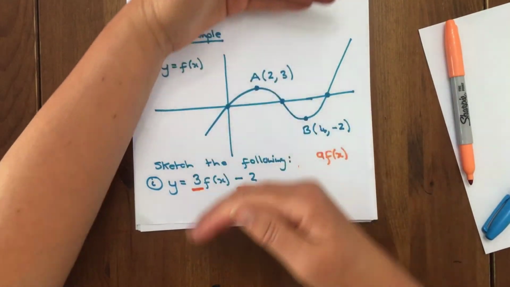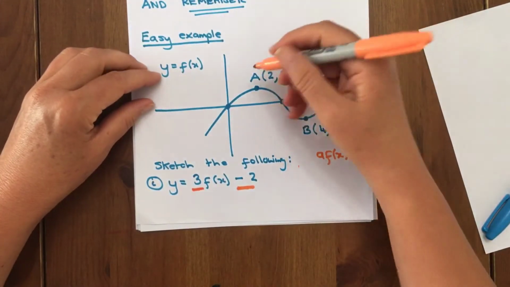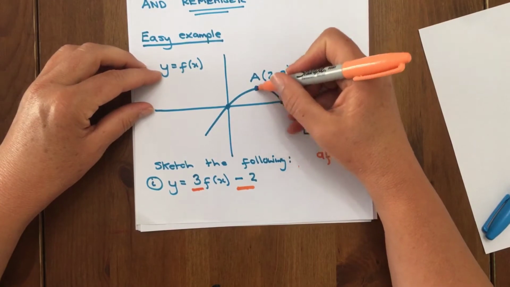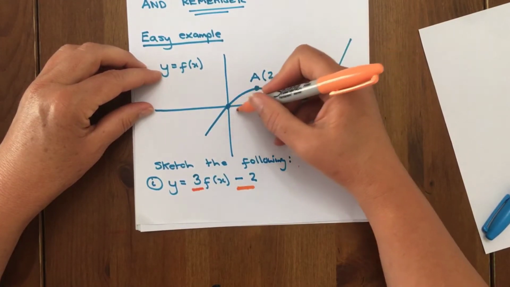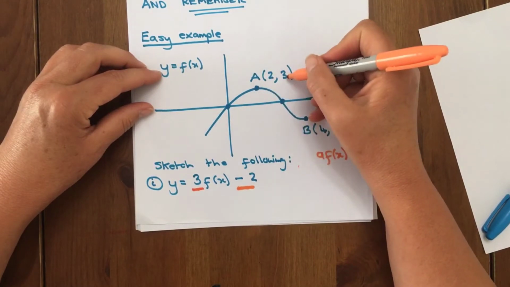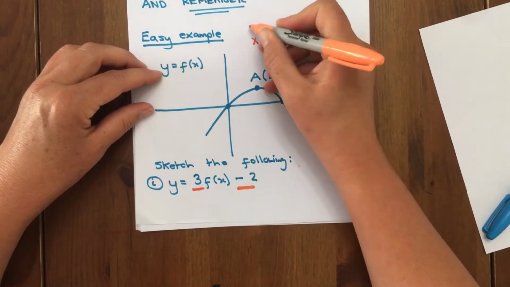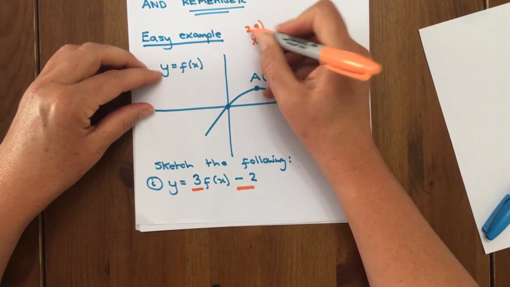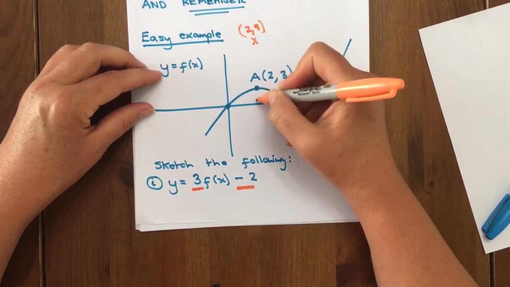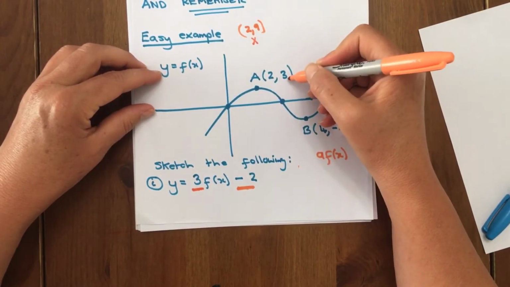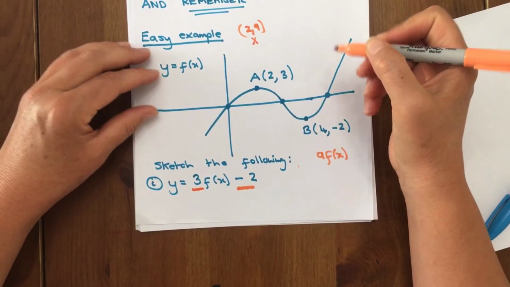Are you pulling it this way? So my point A, when x is 2, it was 2 along, 3 up. Now it will go 2 along and it will go 9 up because I have stretched my y value by 3. So my x value stays the same, my y value is times by 3.